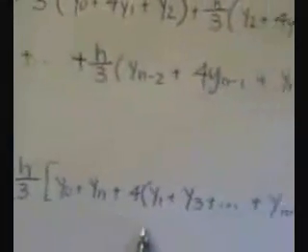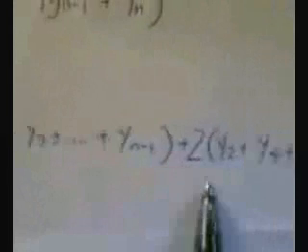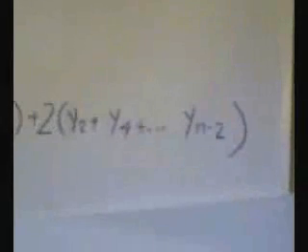So the formula would be h over 3 bracket y0 plus 4y1 plus y2, then plus h over 3 bracket y2 plus 4y3 plus y4, plus h over 3 bracket y4 plus 4y5 plus y6, until h over 3 bracket y(n minus 2) plus 4y(n minus 1) plus yn.